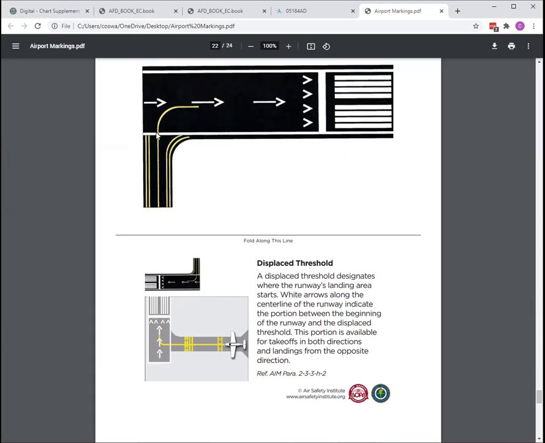Usually the displaced threshold is used in a circumstance where either the pavement underneath is not strong enough to take the weight of an aircraft landing, or they moved the threshold up for some reason, whatever that might be. Either way, you can use this to take off, so you can roll out onto this and then take off, but you should not land behind this point, and this indicates that threshold point with these arrows.